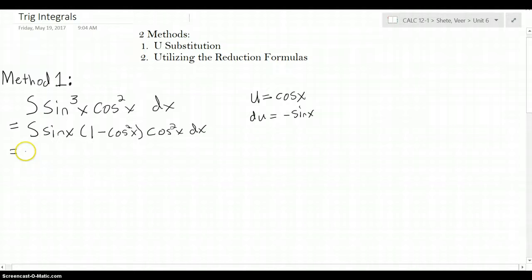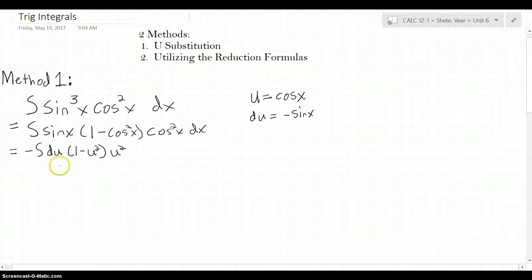So I will have the negative integral of, now this is replaced as du, and then using my u's for cosine x, I would have that multiplied by 1 minus u squared, which is once again multiplied by u squared due to the fact that we have a cosine squared x on the outside.